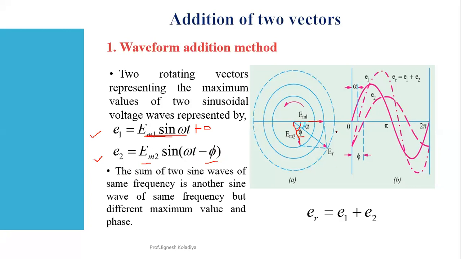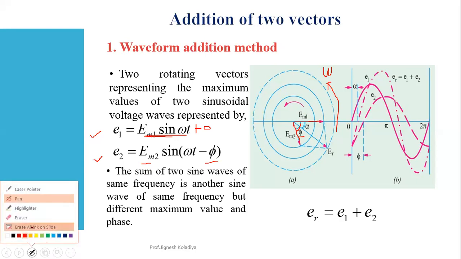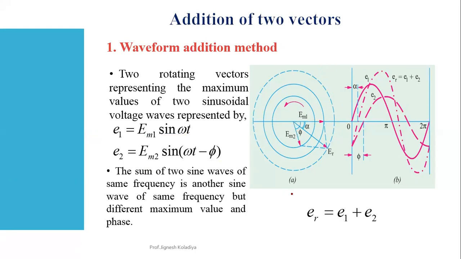Now if it rotates in the anti-clockwise direction with the velocity omega, then what happens? Every time your Em1 will lead the Em2. Okay. Now if you find the resultant of these two vectors, then it will be ER.